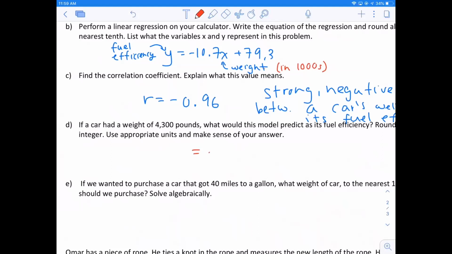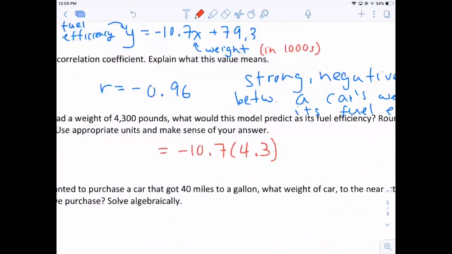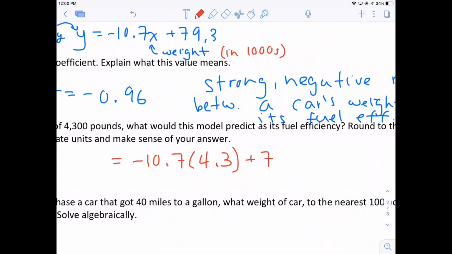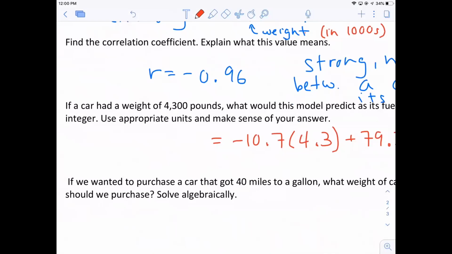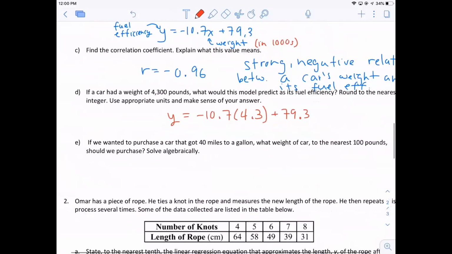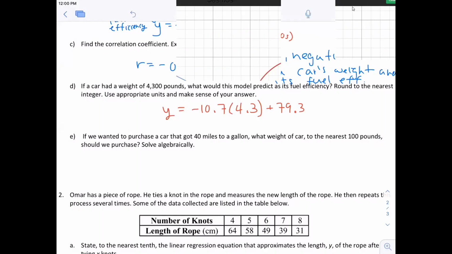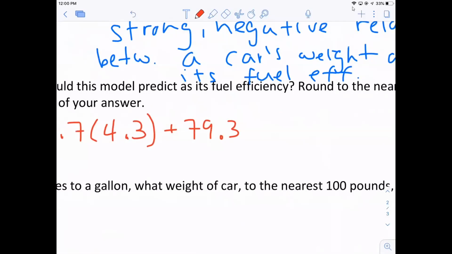You want to plug in 4.3 thousand. So we just plug in 4.3 into the equation, negative 10.7 X plus 79.3, and that's equal to Y. Y is your fuel efficiency. So let me do this real quick. All right, so when I do this, I am getting 33.29.